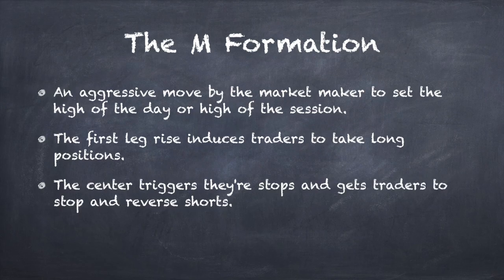The center, which is this right here, triggers their stops and gets traders to stop and reverse and go short. So essentially, they get them to go long, and then when they reverse here, it triggers their stops, but it also gets them to go short.